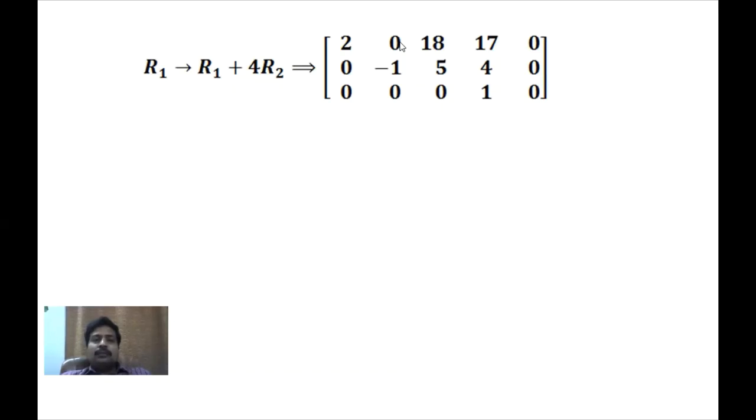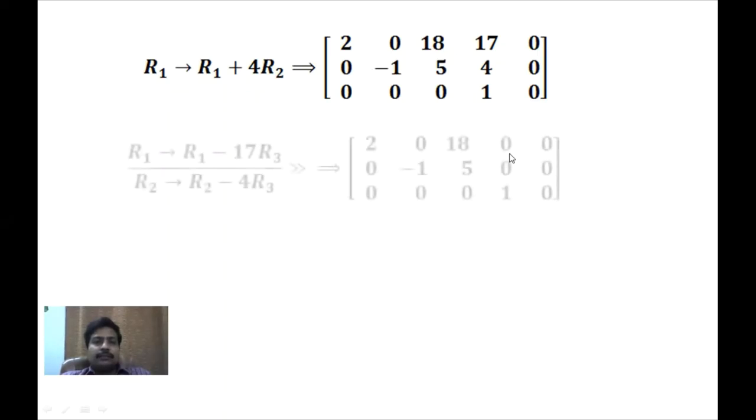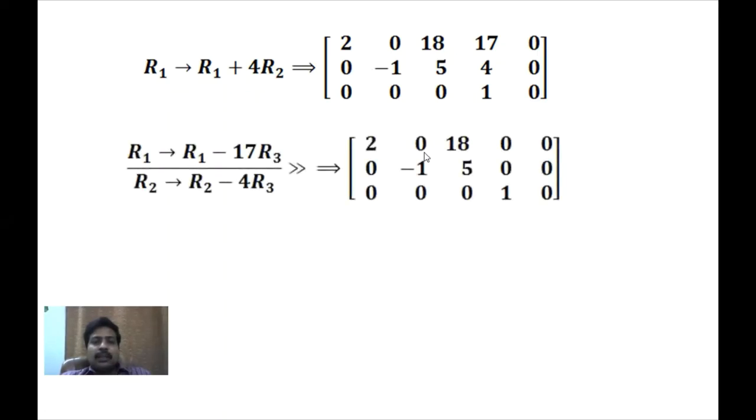So R1 is added with 4R2 to get this one 0. The remaining rows are as it is. Now here, using this one, we are making these two as zeros.